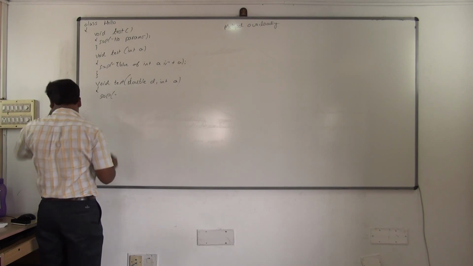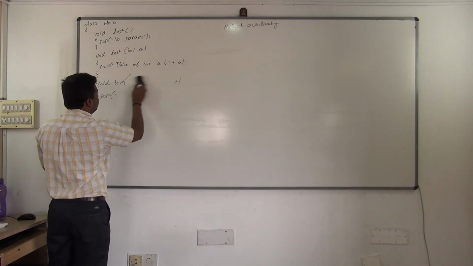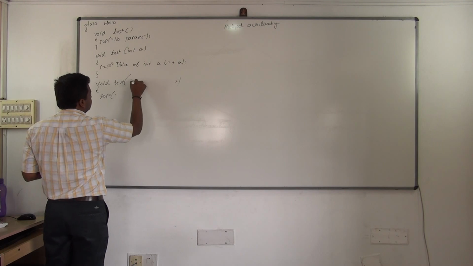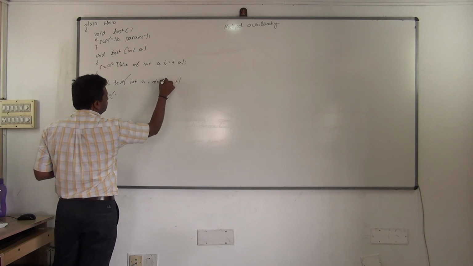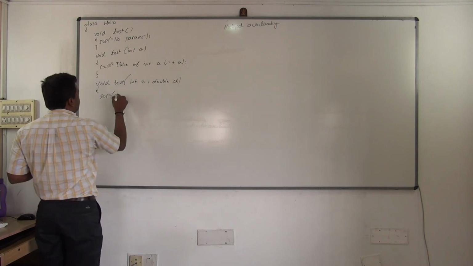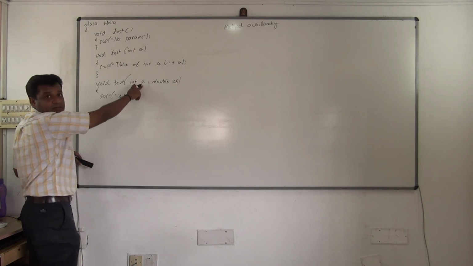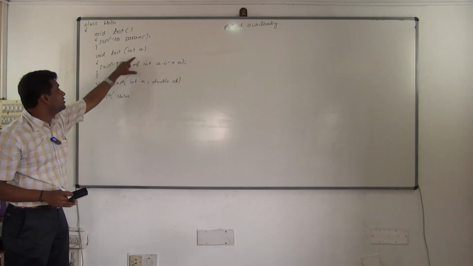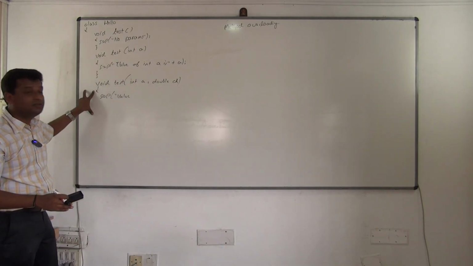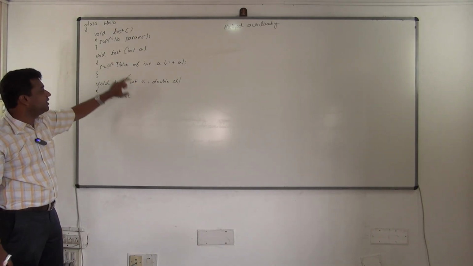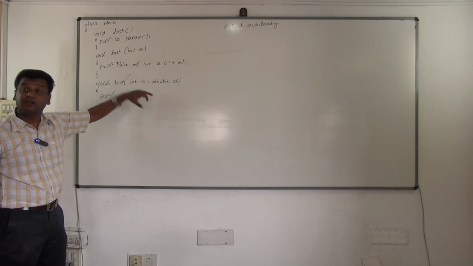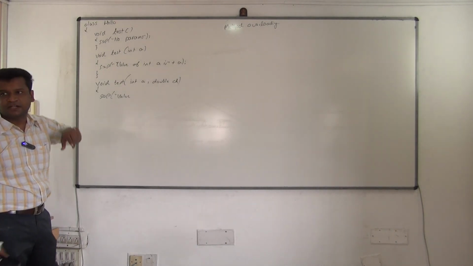See now, there is one A here, there is one more A I have used. Possible. But this A is local to this scope, and this A is local to this scope. When you are using A here, it will not use that A. They are local. Understanding now?